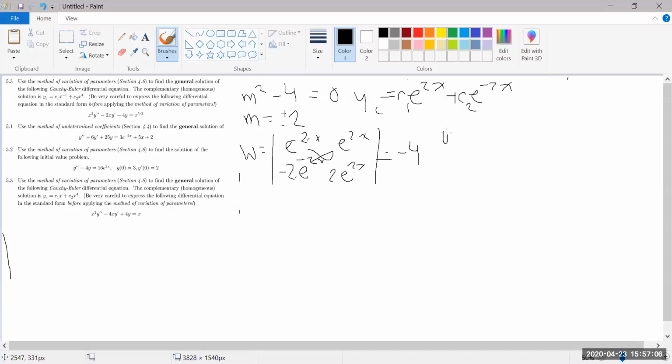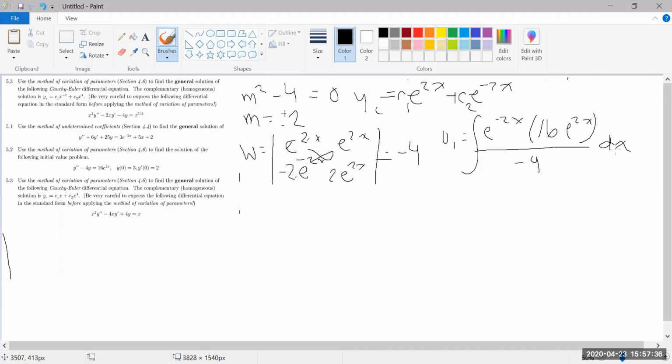Okay, so for our u1, we have our e to the negative 2x, and then times our driving function here, which is our 16 e to the 2x, divided by that negative 4 dx.